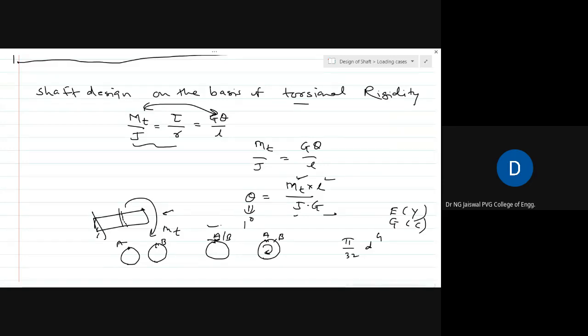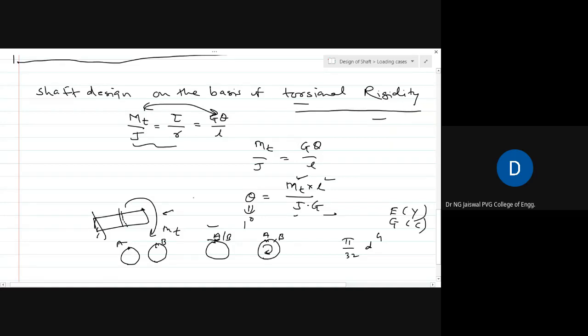This is not your approach while designing. Your approach is to design a shaft in such a way that the angular twist should be within limit. That design is called shaft design on the basis of torsional rigidity.